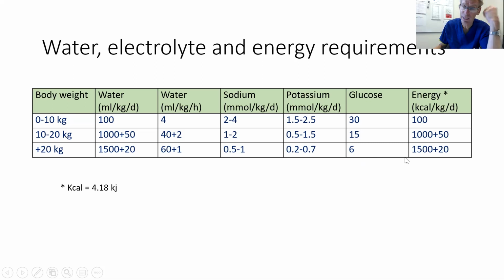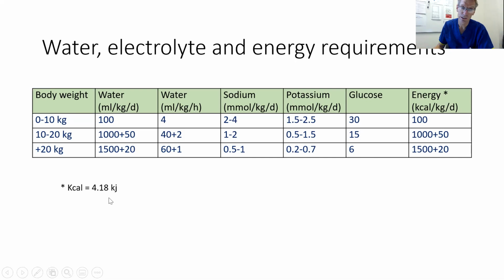The way we calculate energy requirements is more or less the same as the 150-20 rule. And this is in a way how the amount of energy and water a patient requires is calculated. If you think about the 150-20 rule, you can apply that to the amount of energy, or kilocalories per kilogram per day, a child needs.